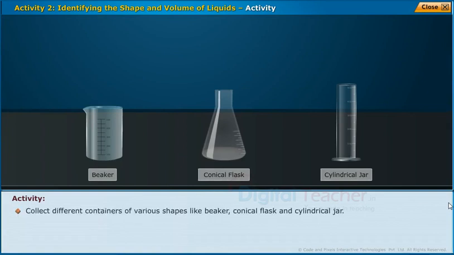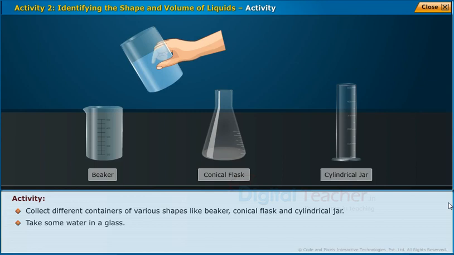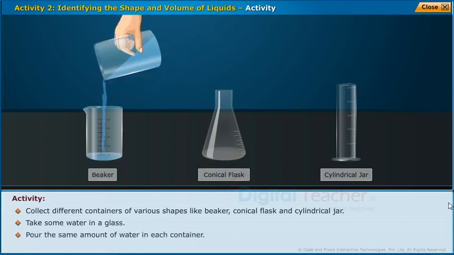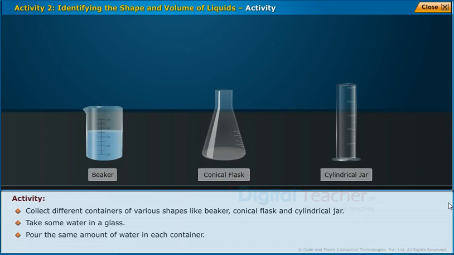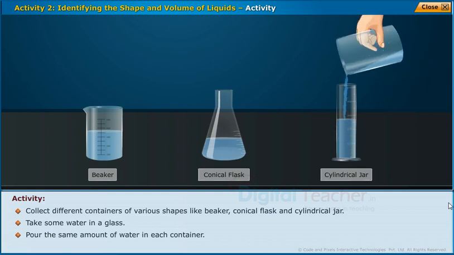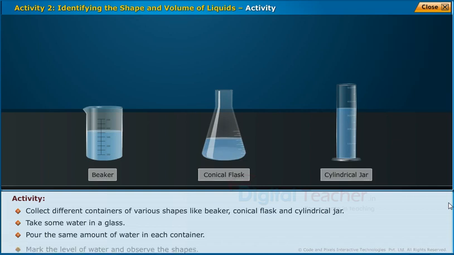Collect different containers of various shapes like beaker, conical flask, and cylindrical jar. Take some water in a glass. Pour the same amount of water in each container. Mark the level of water and observe the shapes.